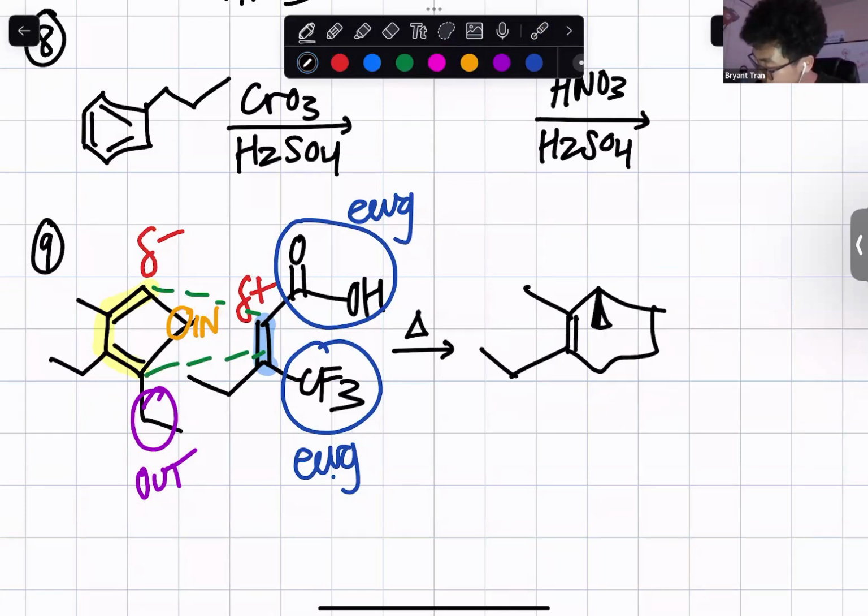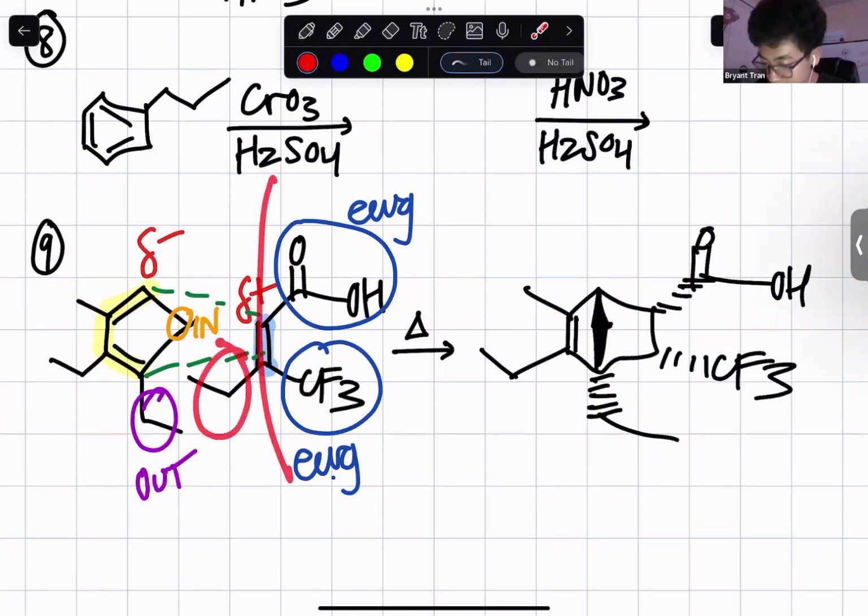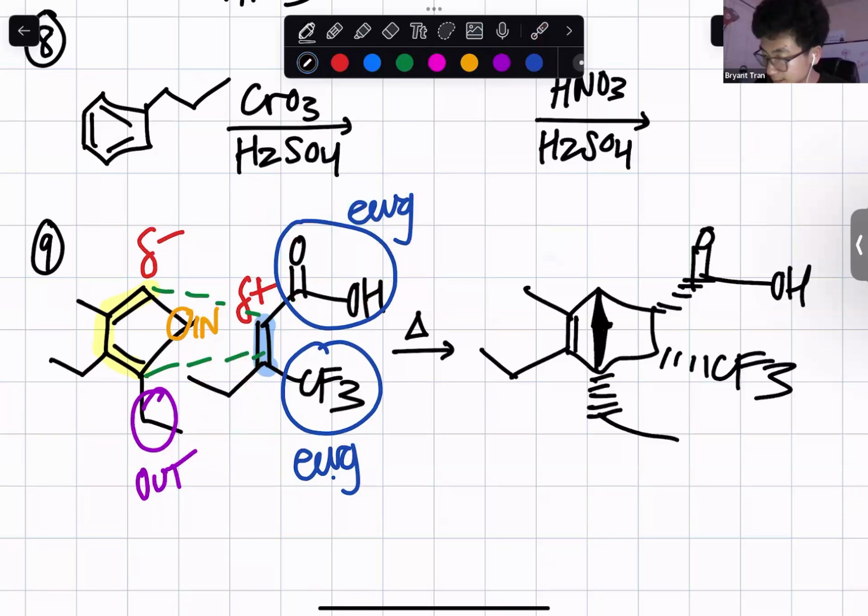This in group here is going to be a CH2 connecting 1 and 2, like that. This out group is going to be a dash ethyl, which is going to be cis to these EWGs, so I'm going to make them dashes as well. And because this ethyl group here is trans to this carboxylic acid, I'm going to make that ethyl group wedge, like that. Plus minus.